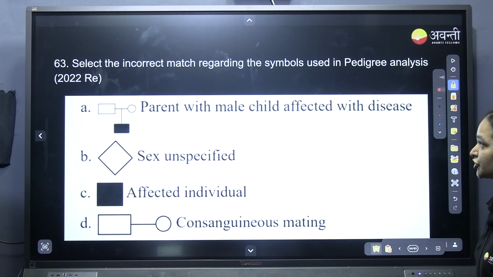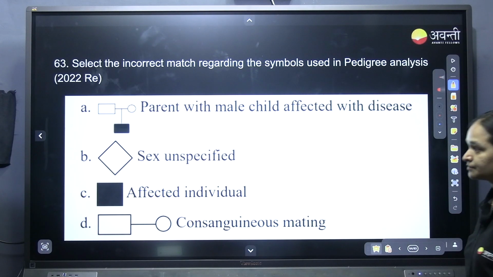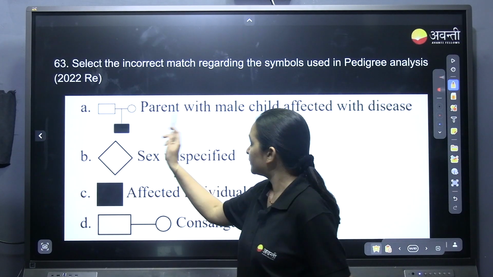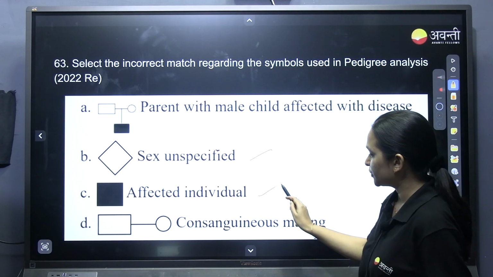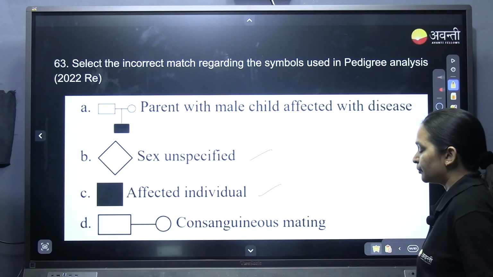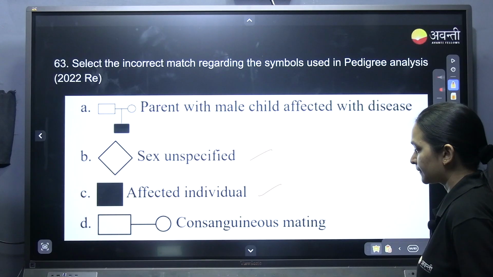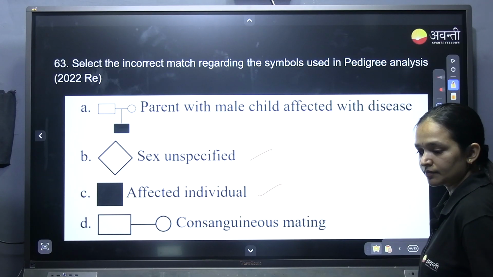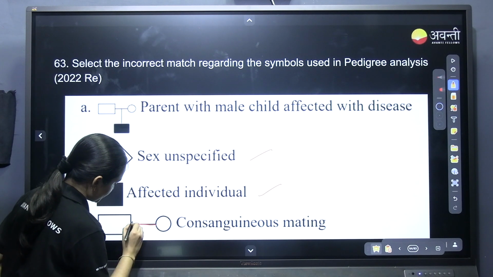Select the incorrect match regarding the symbols used in pedigree analysis. Parent with a male child affected with the disease, yes. Sex unspecified, affected individual. This one is mating between two related people. It should be like this, right?